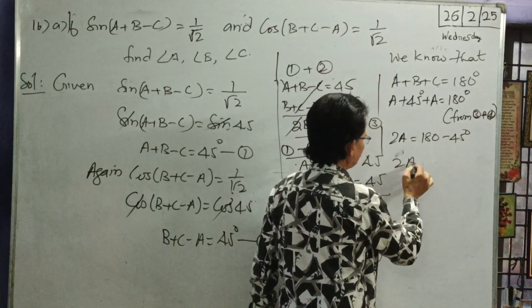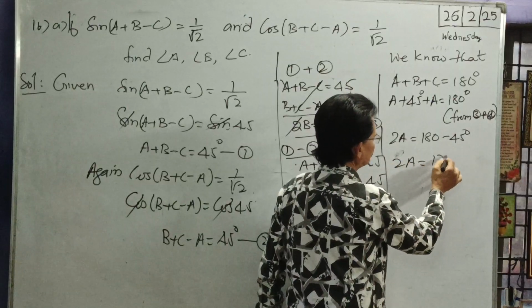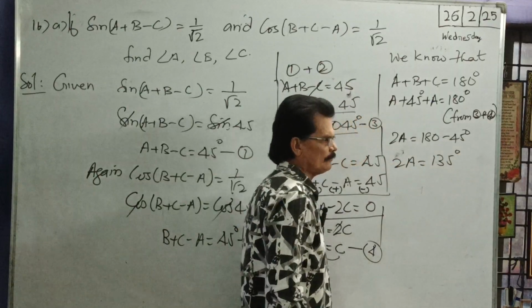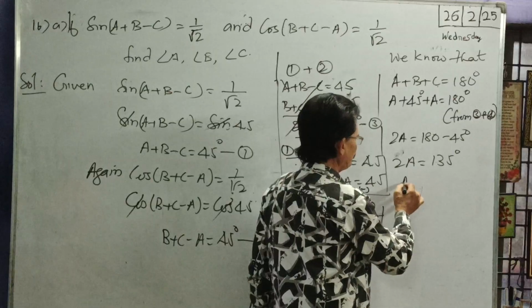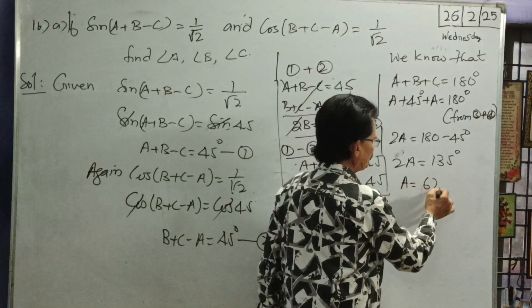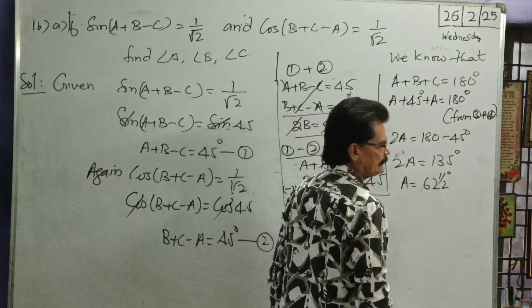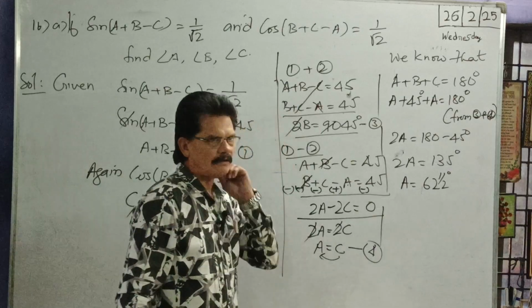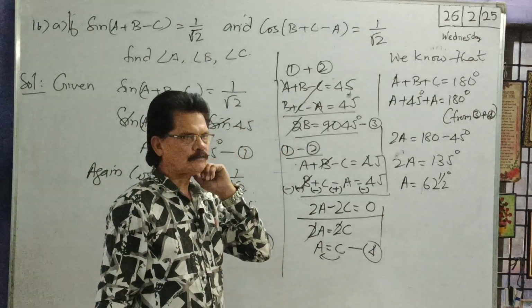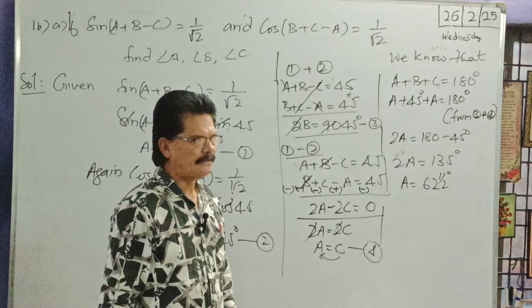So 2A is equal to 135. So A becomes 62 and a half degrees. 62 and a half plus 62 and a half is 135.